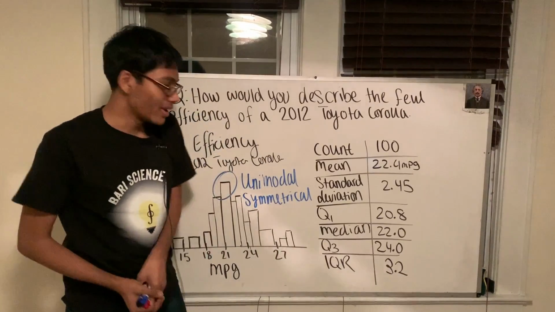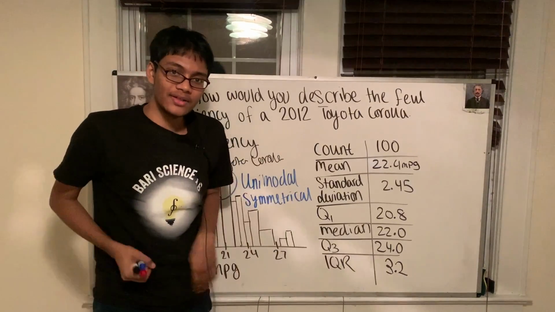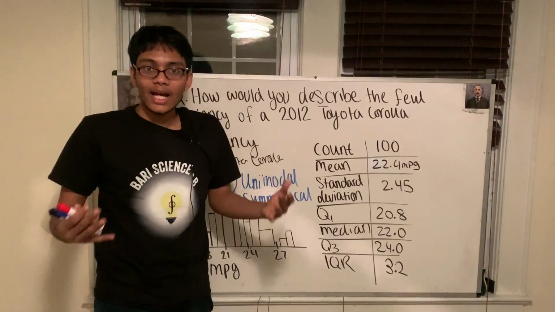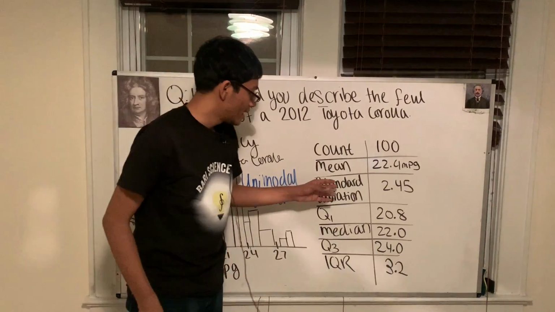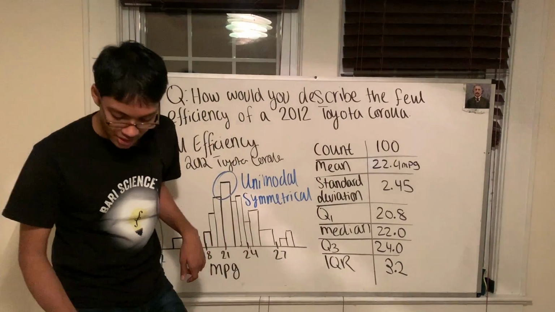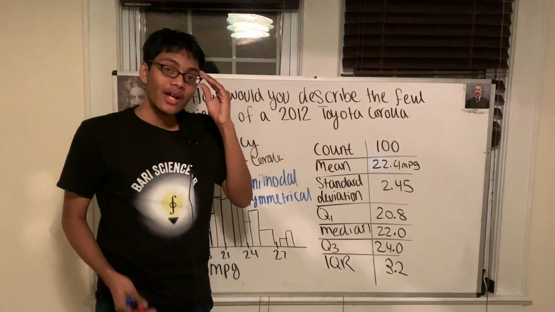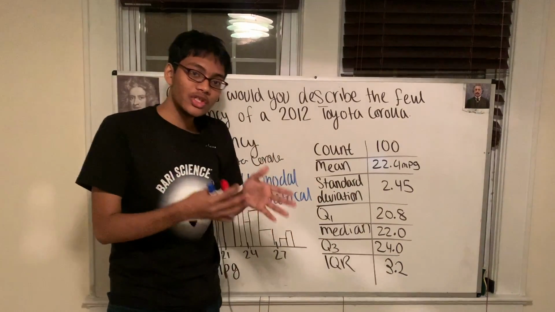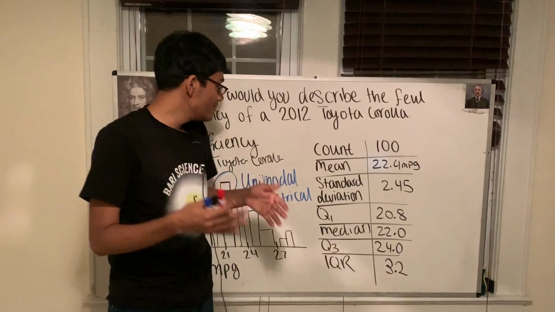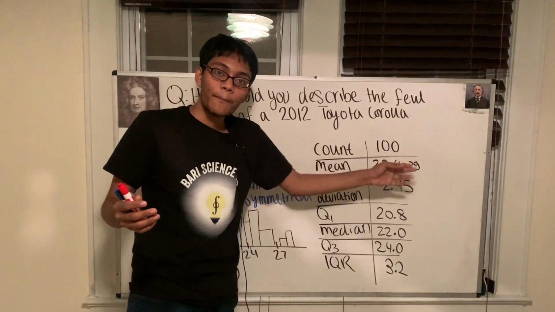Let me say that again, because this is how you interpret the standard deviation, and it's where many students mess up. So this is how we can interpret the standard deviation right here. We say that this standard deviation of 2.45 represents the average deviation from the mean of 22.4 miles per gallon.